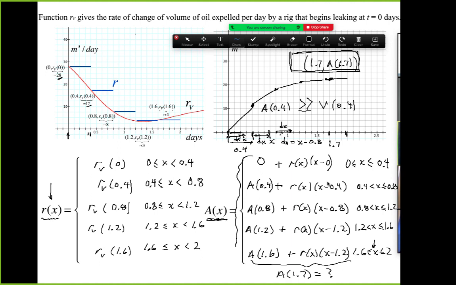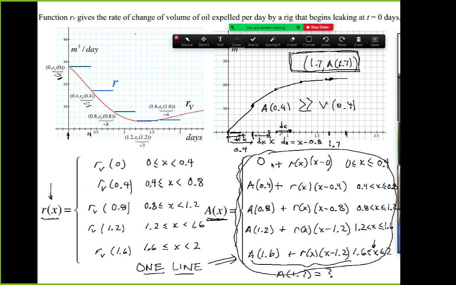So then where we're going next is, we want to write this function. It's going to do the same thing that this one does, but in one line. Not broken up, not one line per interval, but one line that'll take care of the whole function, for all intervals.